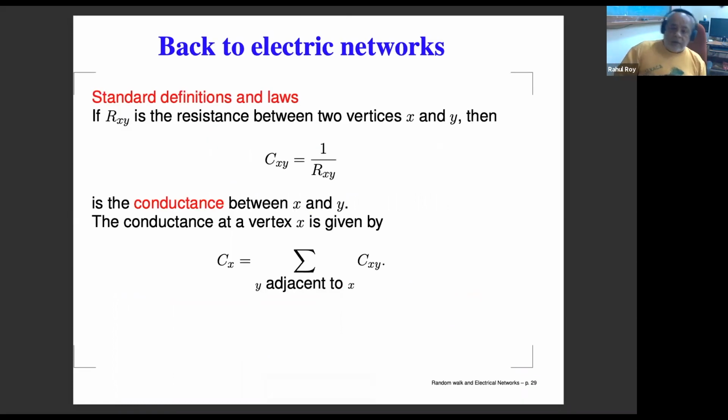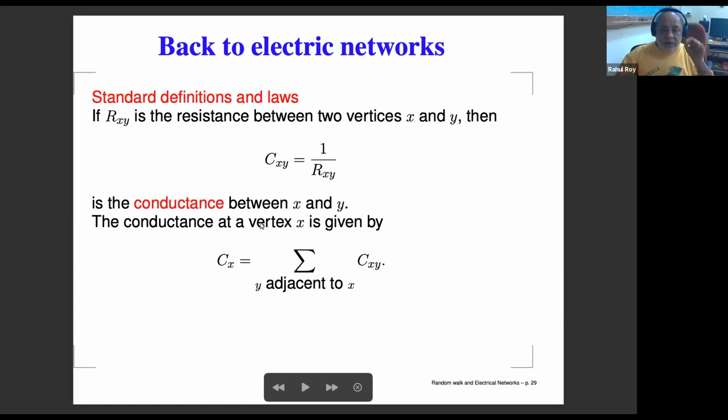So let's get back to electrical networks and give some notations and definitions. Rxy is the resistance between two vertices x and y. It's the effective resistance between x and y. Then the conductance, in electrical engineering terminology, Cxy is the conductance between x and y, which is the reciprocal of the effective resistance.